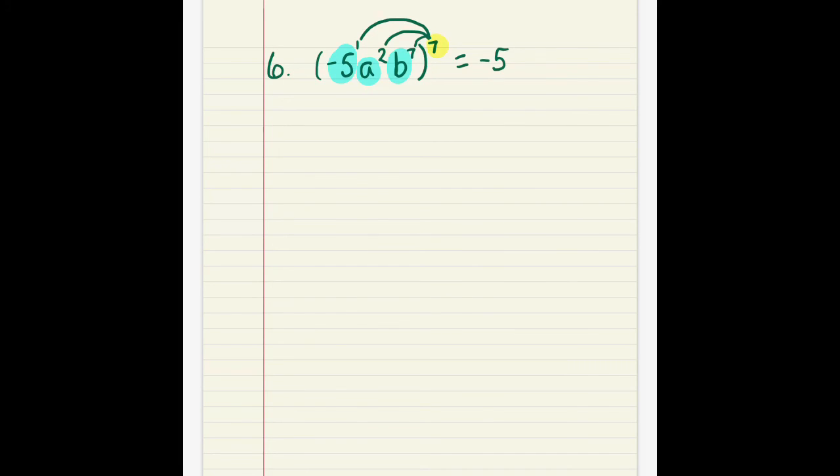We're multiplying 1 times 7, which is 7. Next we have a base a, and a has the exponent of 2, so 2 times 7 is 14. And then we have base b, and b has an exponent of 7, so 7 times 7, whew, it's a big exponent, 49.